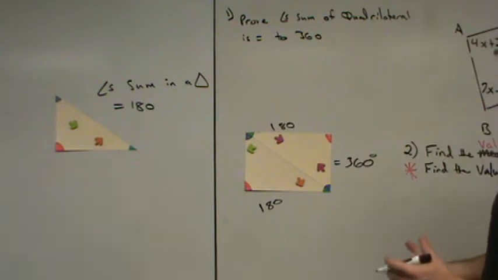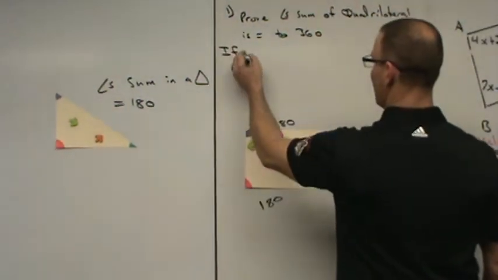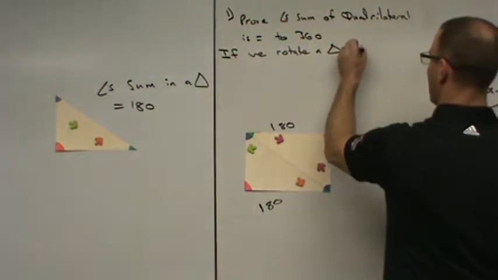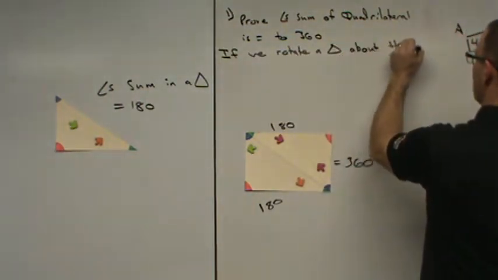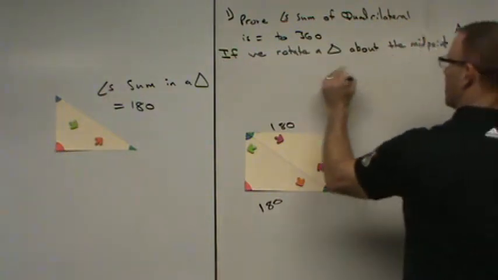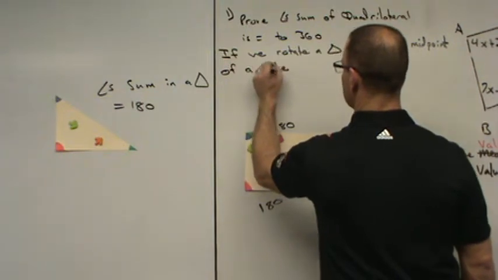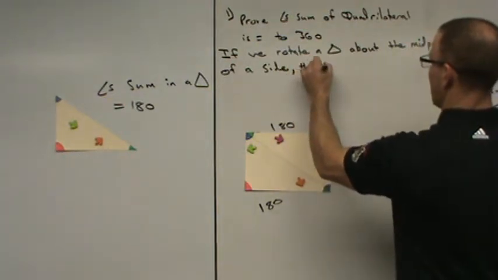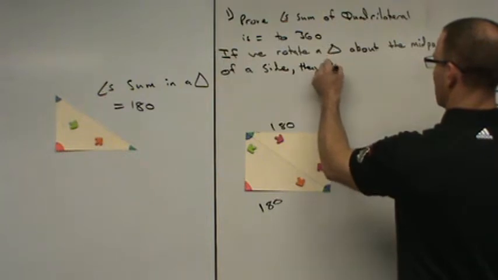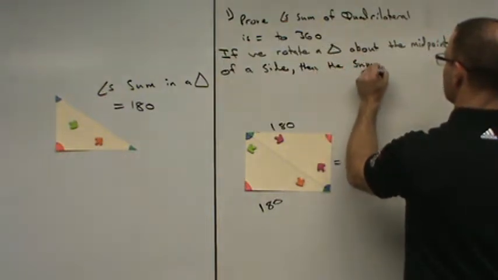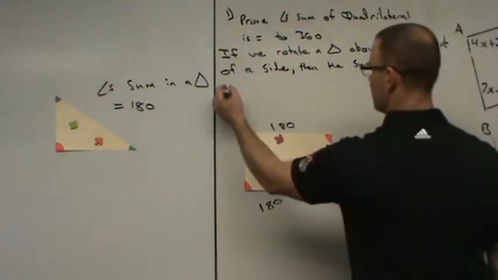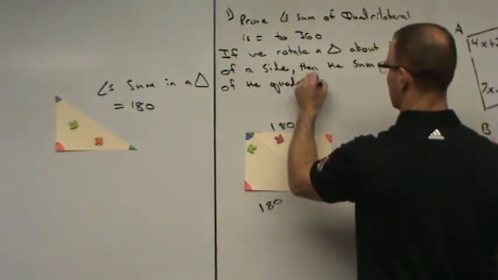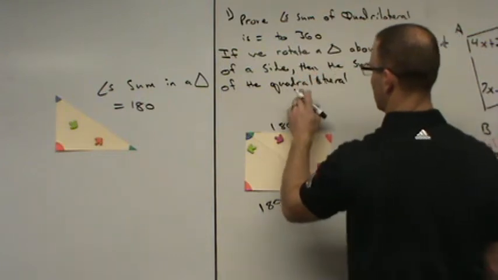We're going to write basically an if-then statement that proves that. We're going to say, if we rotate a triangle about the midpoint of a side, then the sum of the angles of the quadrilateral is equal to 360 degrees.